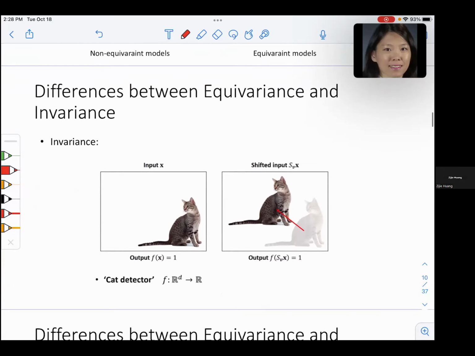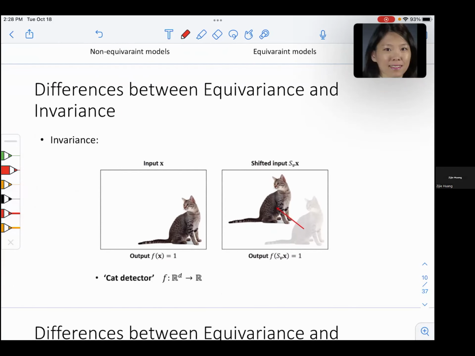Another thing I want to mention is the difference between equivalence and invariance. For invariance, no matter what transformation we apply to the input data X, the output remains the same.